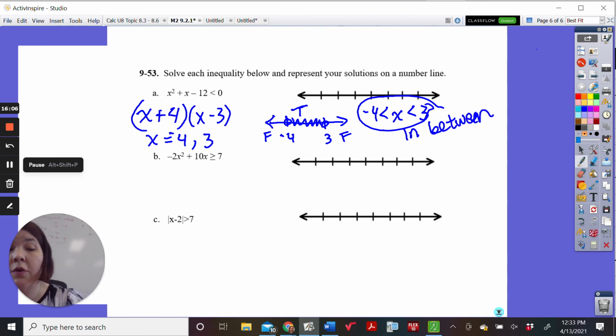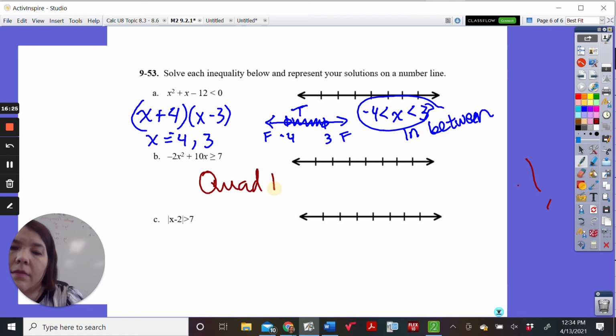On B, we're going to have to use the quadratic formula. Okay, so go ahead and try that.